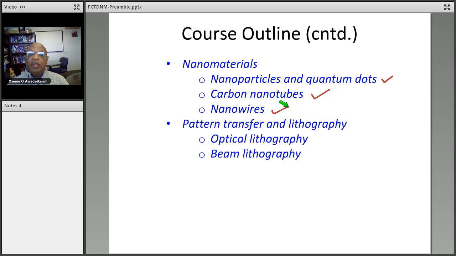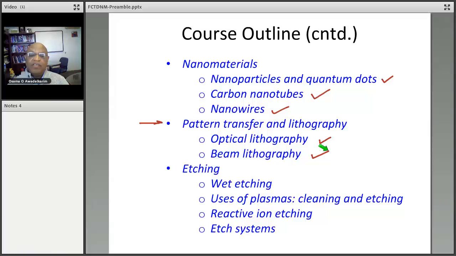And then from there on, we move to the second important process in top-down manufacturing. And that process is pattern transfer, or what is often termed lithography. And in lithography, we'll discuss optical methods of lithography or optical lithography, and then we'll move on to beam lithography.